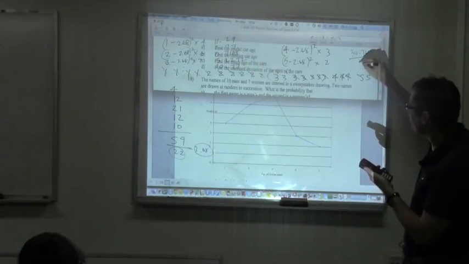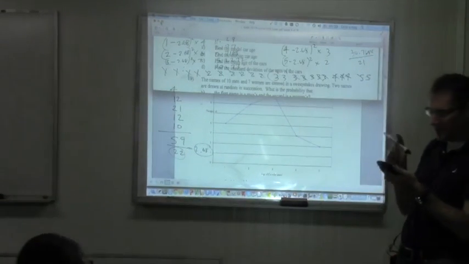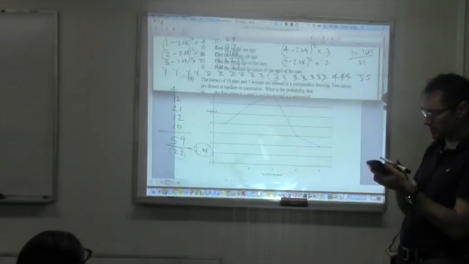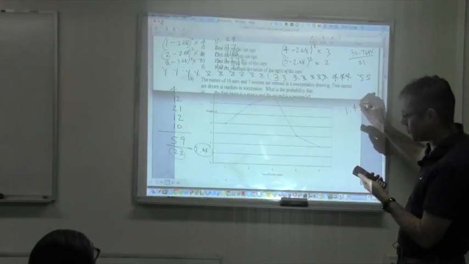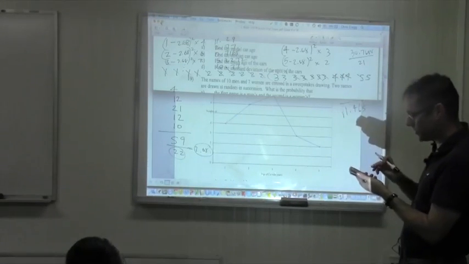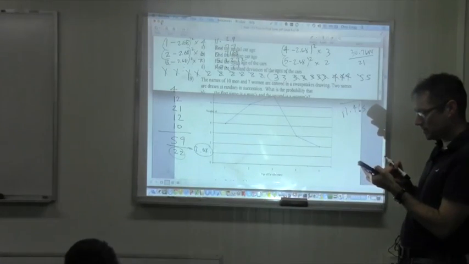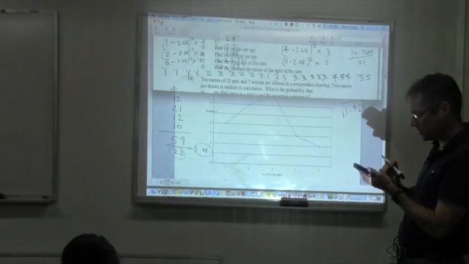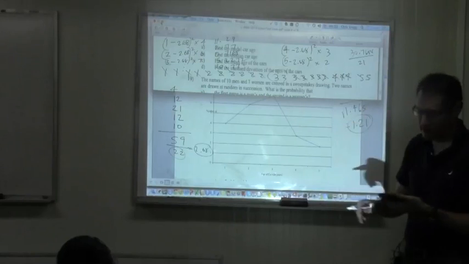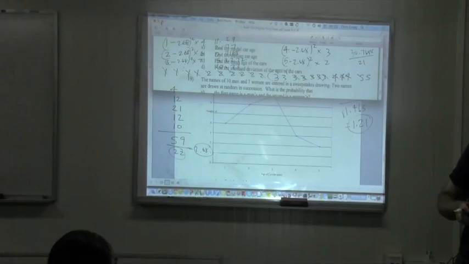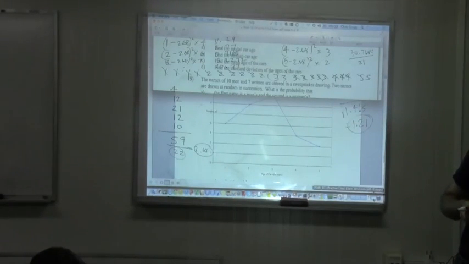I have to divide that by 21 because it's n minus 1. And that gives me 1.465. I take the square root of that, and I get 1.21 is the standard deviation. Hopefully that's close to what the answer is.